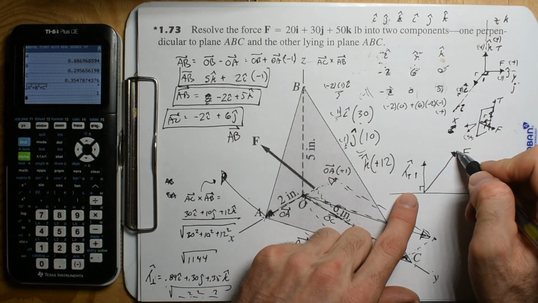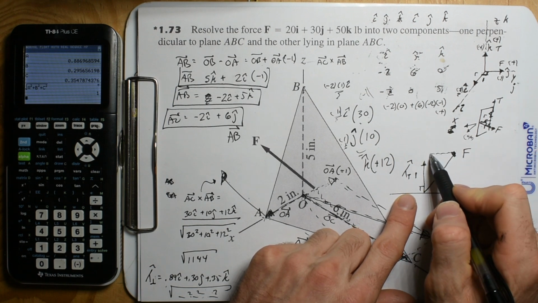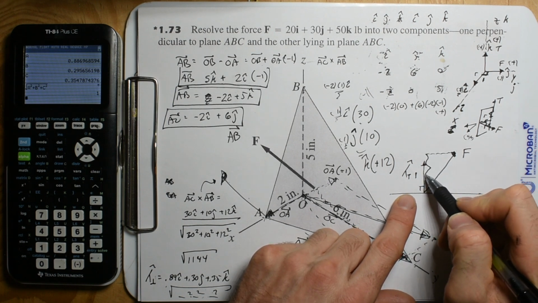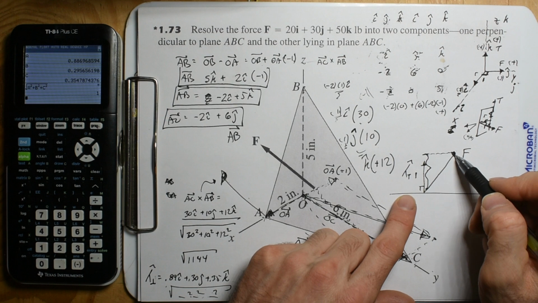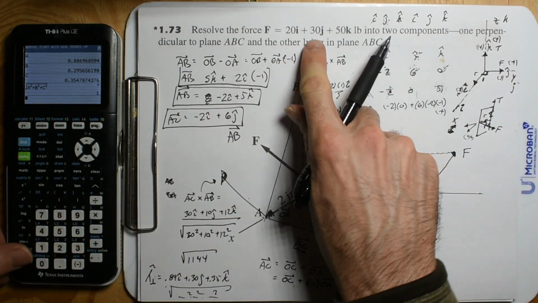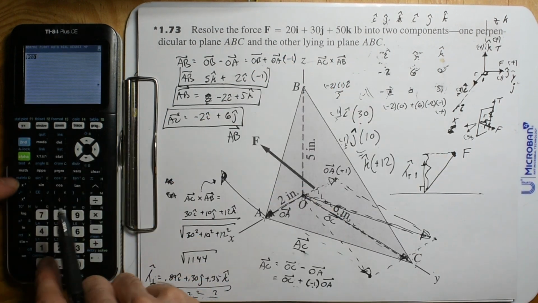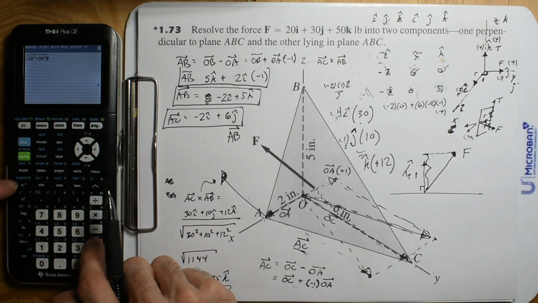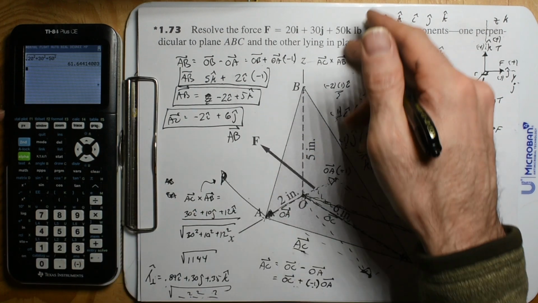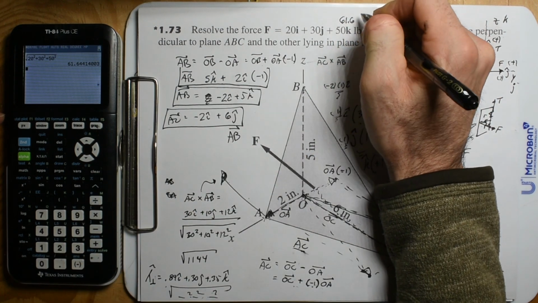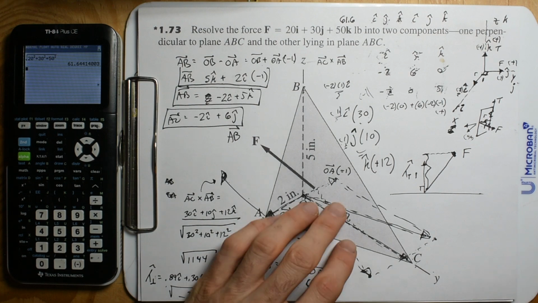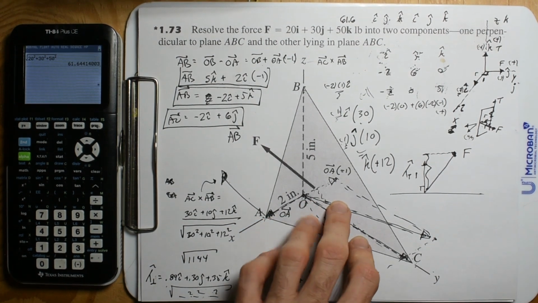When we do the dot product, the magnitude of this is what we're basically going to yield. This has a magnitude, and we should just figure out what the magnitude is. It's the square root of 20 squared plus 30 squared plus 50 squared. The magnitude is 61.6. So we were pretty close with 65 or whatever we said.